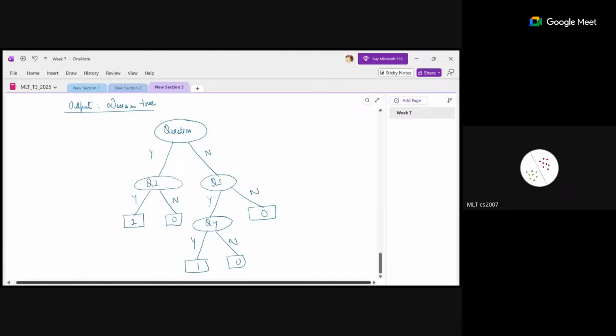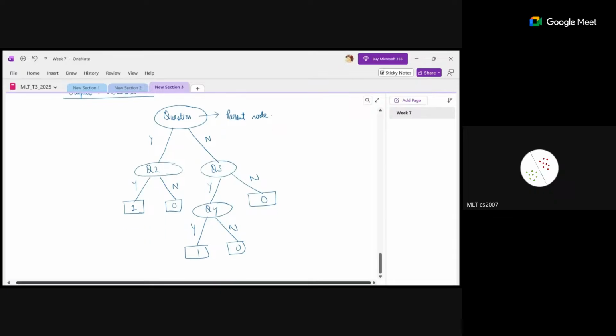Now this is a decision tree. So this is called a parent node. Before we move forward, this is called the parent node, and all of these internal questions that you're asking, question number 2, question number 3, question number 4, are called internal nodes.